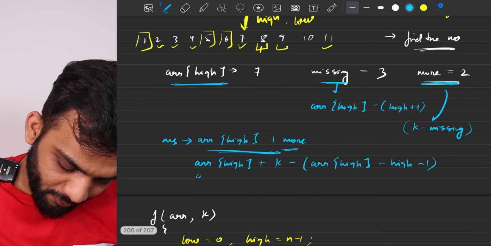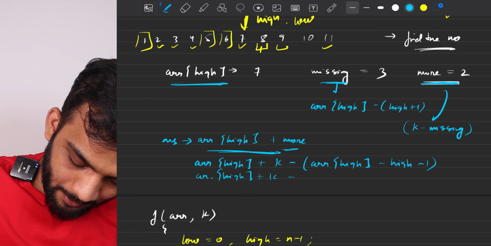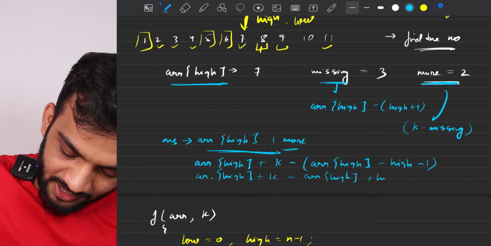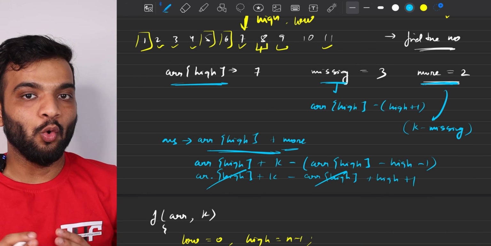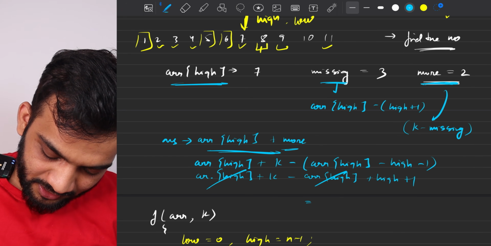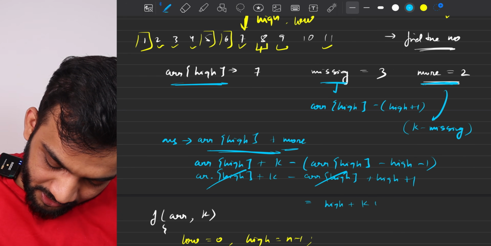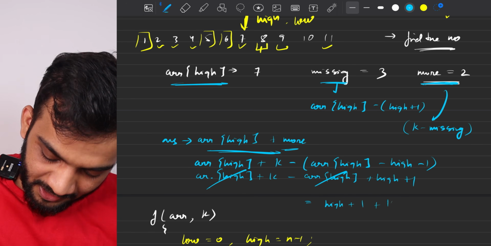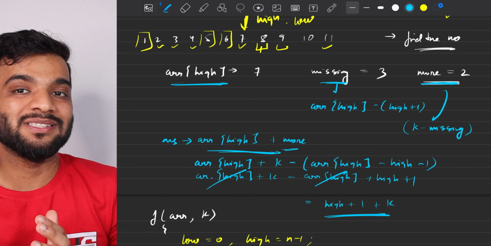Array of high plus k minus array of high plus 1. So array of high and array of high will go off. And the formula turns out to be high plus k plus 1, or I can say high plus 1 plus k. This is what the formula turns out to be. This is your missing number.